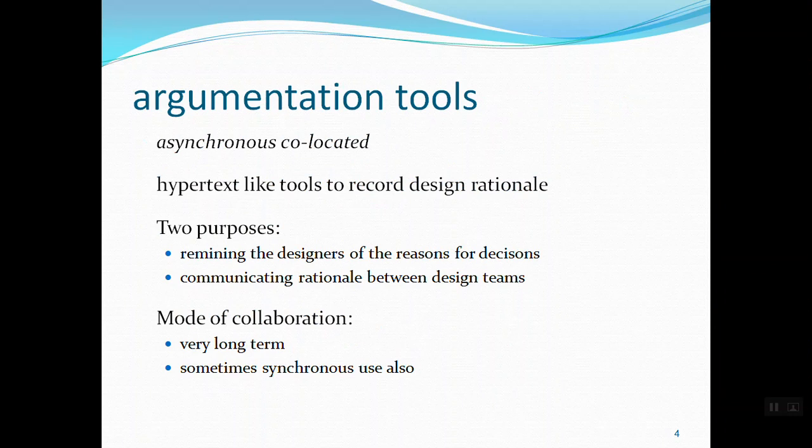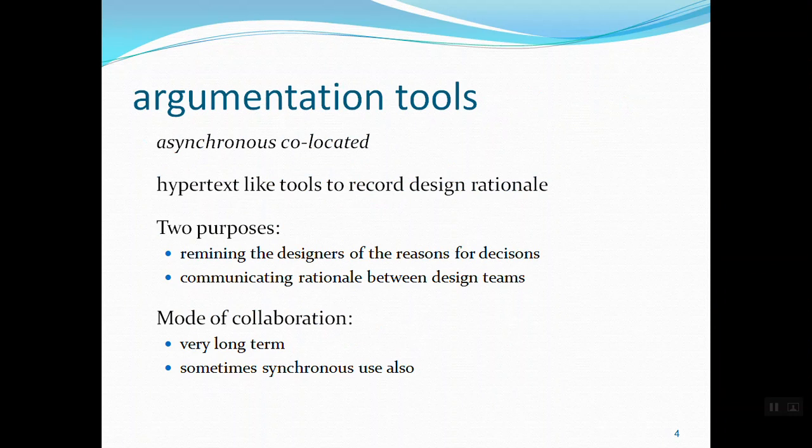To go in depth, first we will discuss argumentation tools. As I said earlier, argumentation tools are co-located but asynchronous in nature. The two primary purposes of argumentation tools are given here. One is reminding the designers of the reasons or requirements for taking the decisions, and the second is to communicate the objectives or rationales between the design teams.